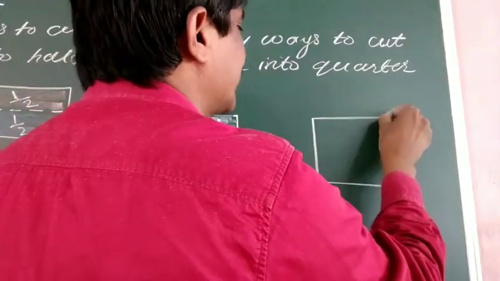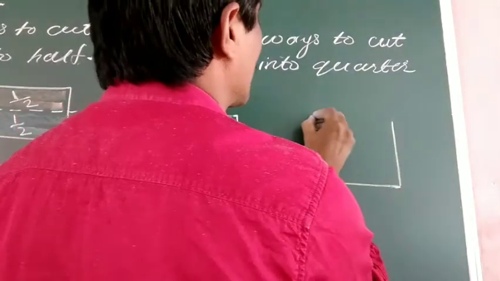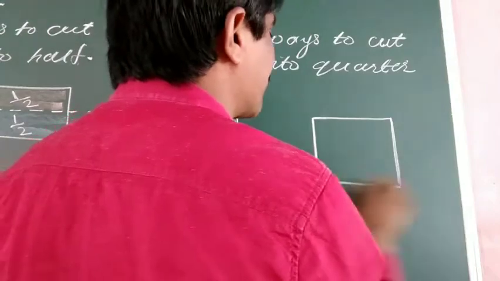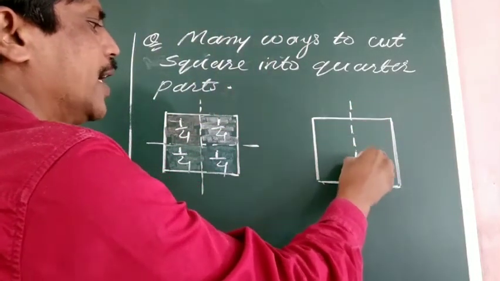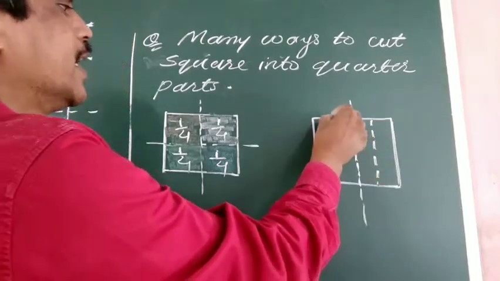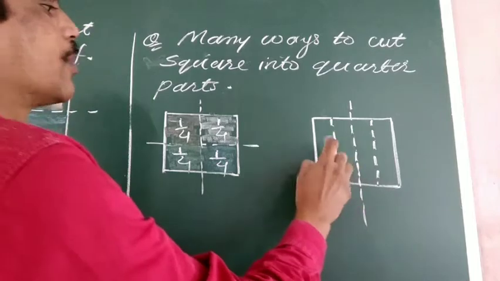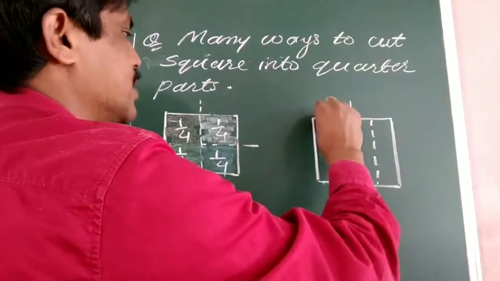See, now we will discuss another different way. This is our square sheet. Now let us think about different ways. So see, here this is half, and as you know, half of the half is a quarter, so you make again half of this sheet and half of this part. Now see, there are 4 equal parts, and each part is a quarter part of this square sheet.